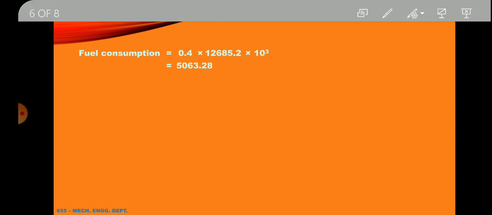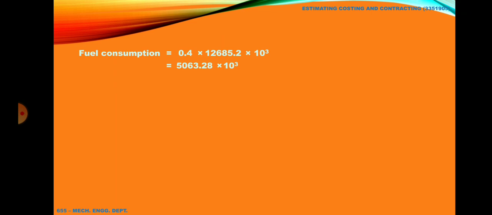Now, fuel consumption. Fuel consumption equals 0.4 liter per kilowatt hour into 12,685.2, our annual production, into 10 raised to 3. So it is equal to 5063.28 into 10 raised to 3 liter per year.